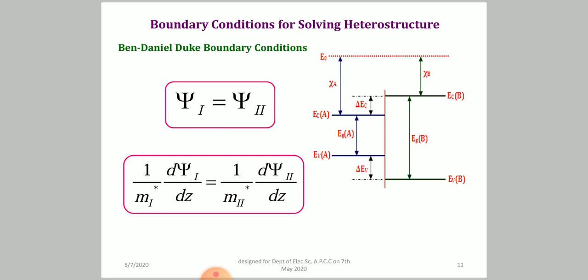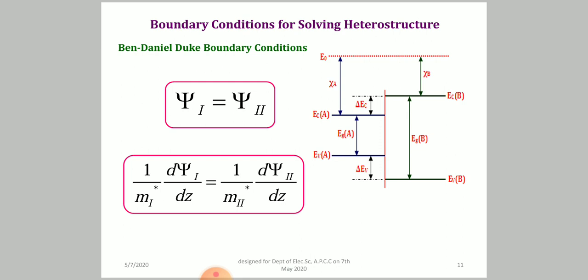And the first order derivative, but not the direct first order derivative, please recall, is normalized with respect to the zonal effective mass. That means d psi 1 dz divided by the effective mass of region 1 equals d psi 2 dz divided by the effective mass of region 2. This is the derivative of the wave function normalized with respect to the zonal effective mass.